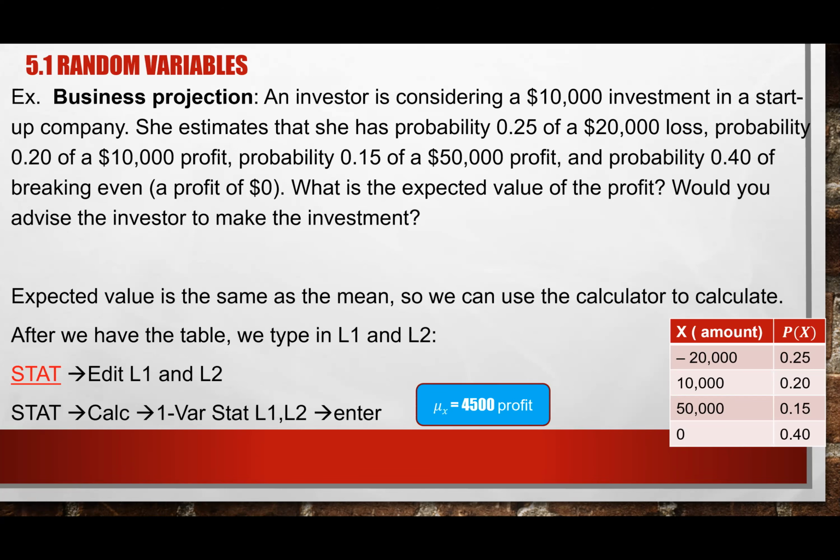Meaning, this is what they tell you, that in the long run, she will get 4,500 on average. Maybe the first year she loses some, maybe the second year she gains some, but on average, in the long run, she will get 4,500 profit.